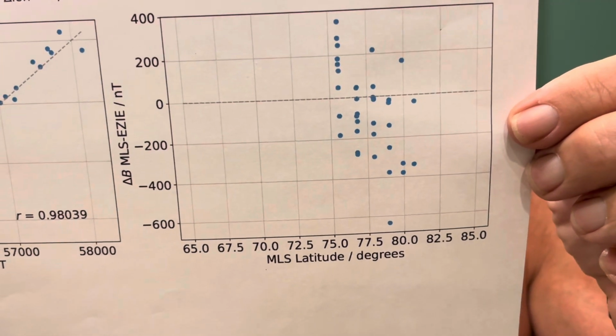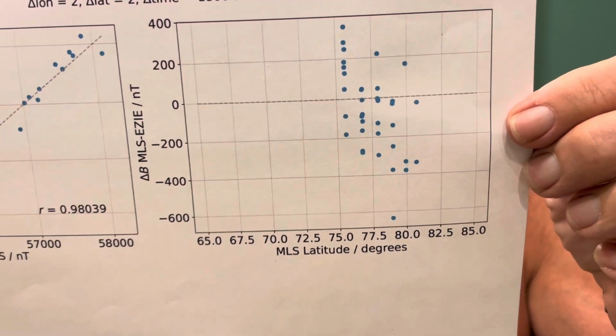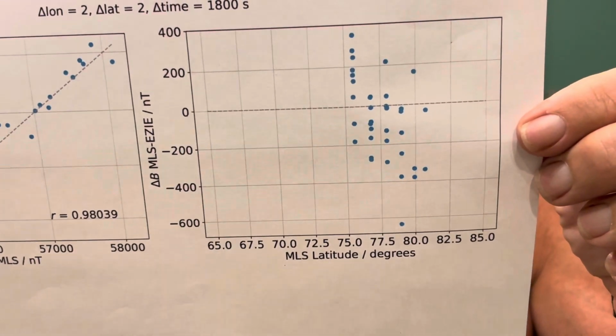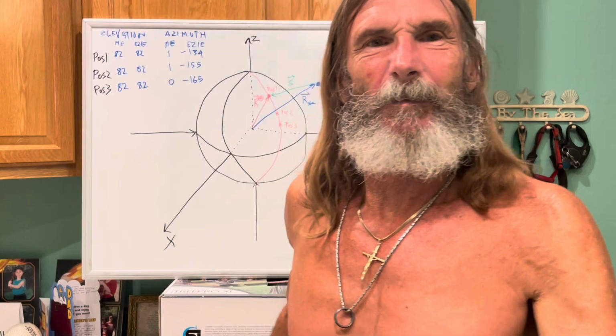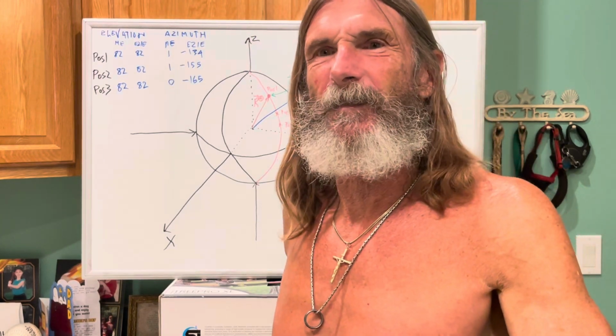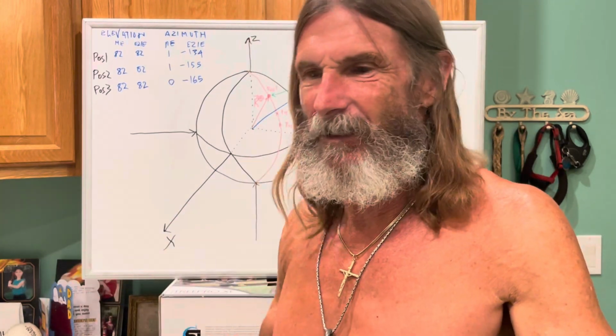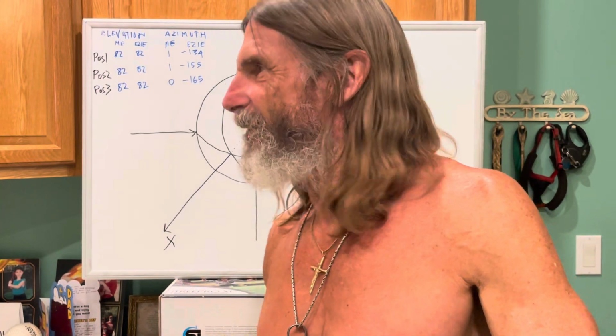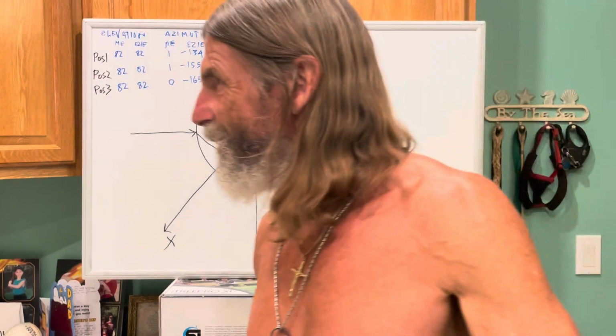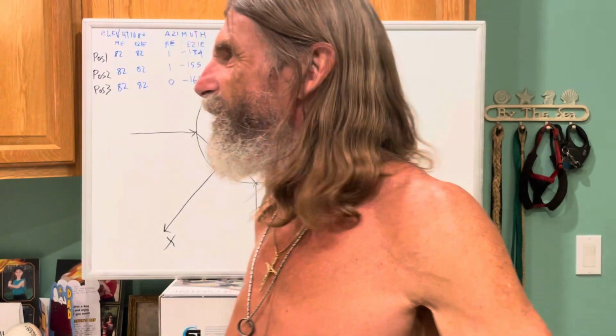We're agreeing most of the time within plus or minus 400 nanotesla. The instrument noise on each of these retrieved products is 250 nanotesla for the MLS and for the EZIE, so a perfect agreement would be anything inside of plus or minus 350 nanotesla, and most of the points are falling inside of there.